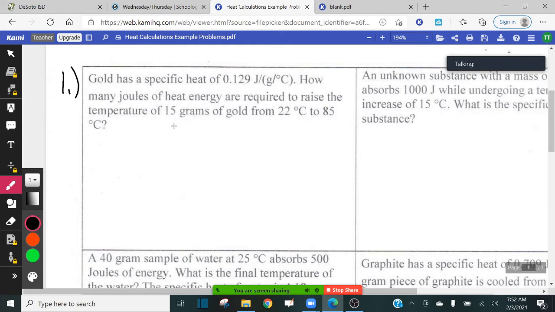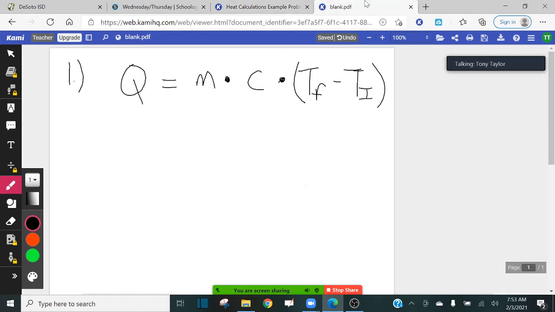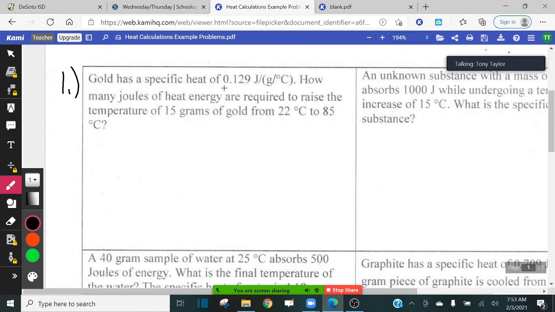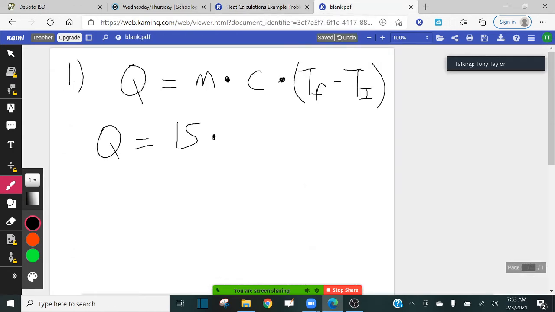So the mass of the gold is 15 grams. So we're going to plug in 15 for mass. We're also told what the specific heat capacity of gold is, 0.129 joules. Again, that's given in the problem.